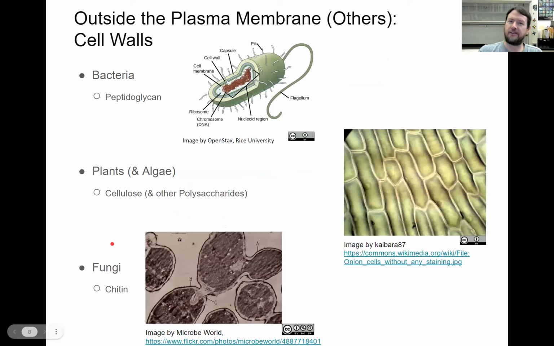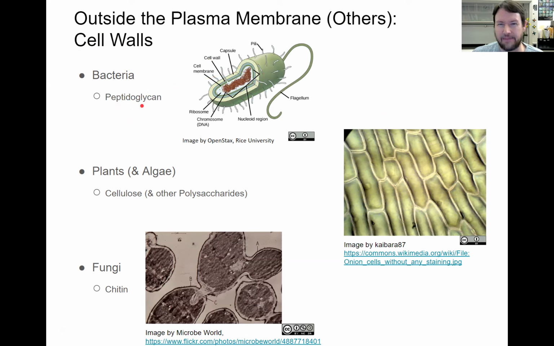What about other types of cells? So for bacteria, they have a structure outside the plasma membrane called a cell wall. And we remember back to our picture of a typical prokaryote. It's a rather thick cell wall, and it's made up of a molecule called peptidoglycan.